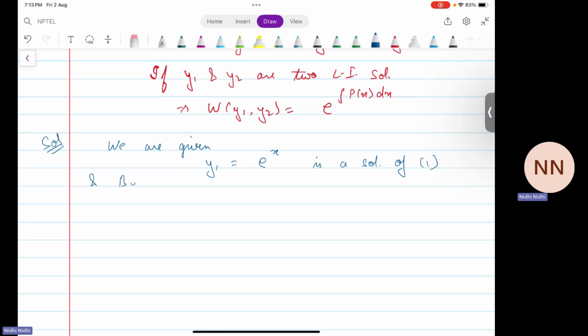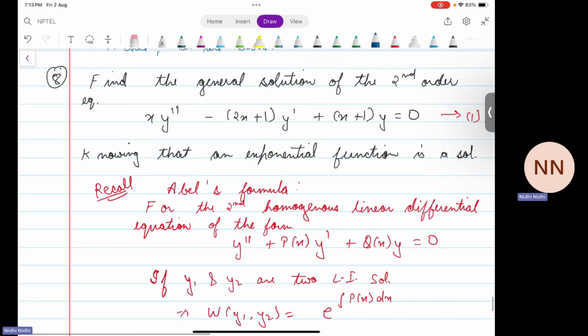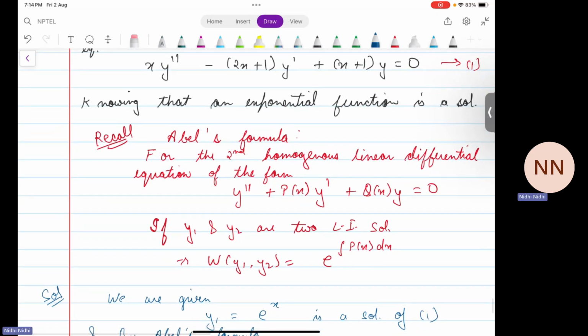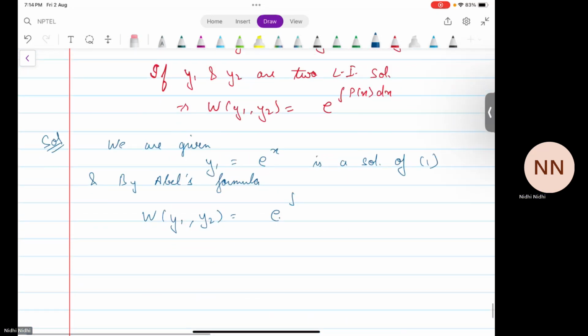And by Abel's formula, we have the Wronskian of y1 and y2 is equal to e to the power integration. What is p(x) here? Once we divide the equation by x, we get p(x) to be minus (2x minus 1) by x.